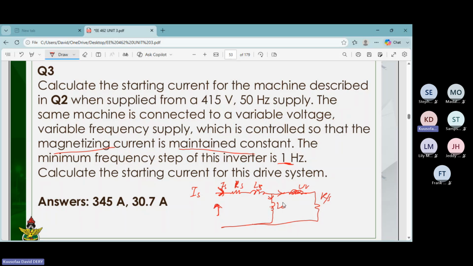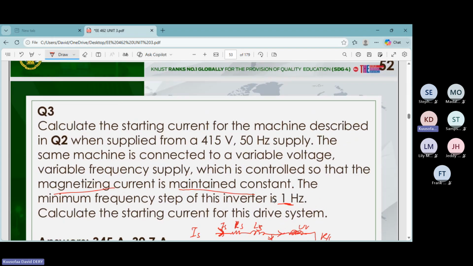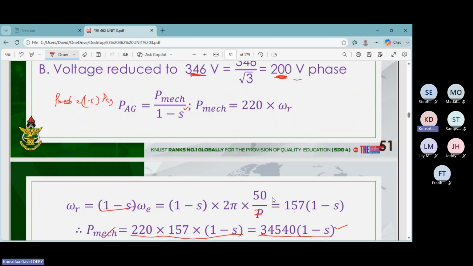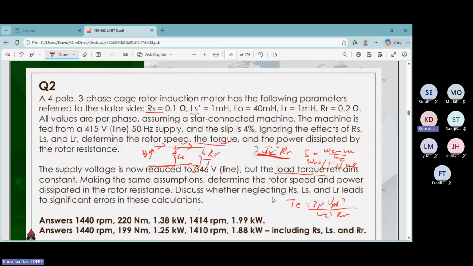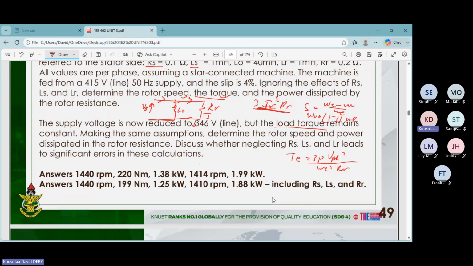We also know the voltage that is applied across them. So how do we go about it? Let me see if we've been given information here that will be relevant. Okay, I don't see any other information.